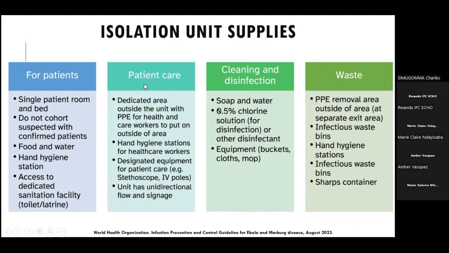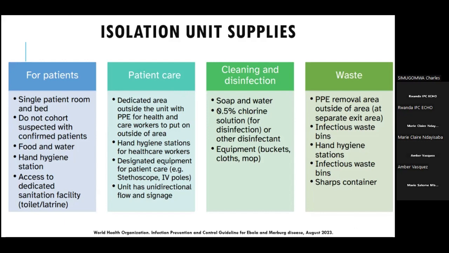For patient care, it is preferable to have a dedicated area outside of the unit with PPE for healthcare workers. This is the donning area. We must have hand hygiene stations and specific equipment for each patient whenever possible, and have unidirectional flow and signage, as I have said, so that we do not go from green to red, then red to green.